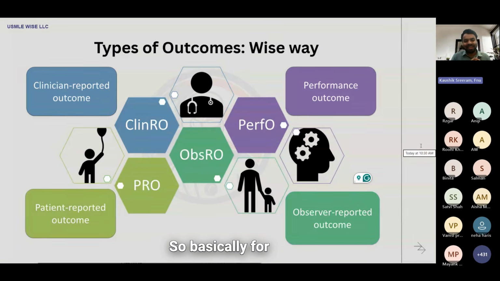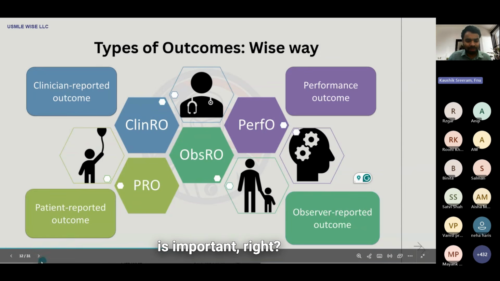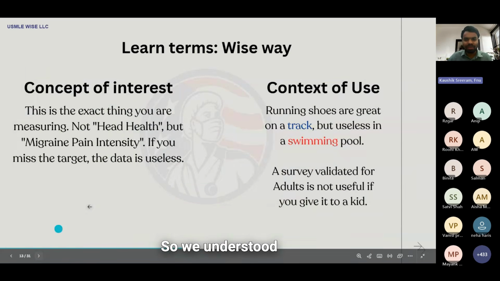So basically, for the same level of disease activity, each patient will have a different experience of pain or a different experience. Correct? And that is the main reason why patient-reported outcome is important. So we understood what different outcome measures are.